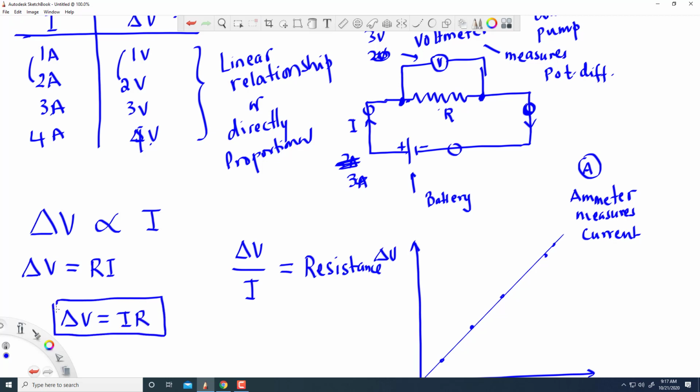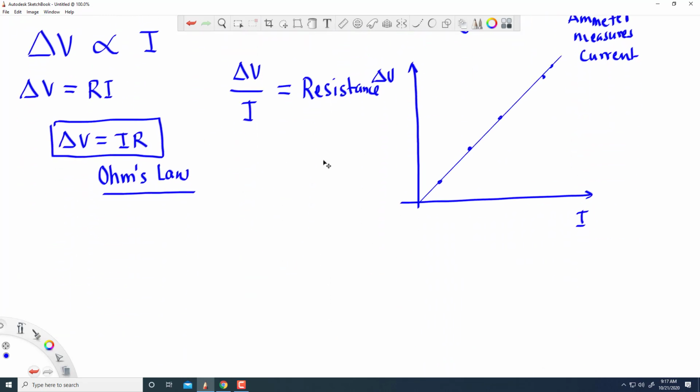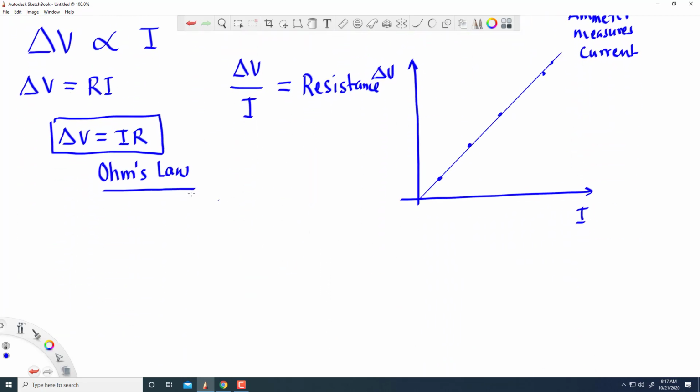This equation is called Ohm's law. For this whole chapter, we will be dealing with this Ohm's law. We will be using this formula a lot. So delta V is measured in volts.